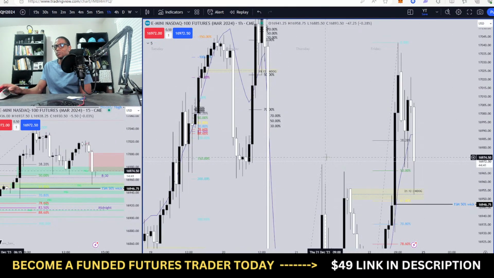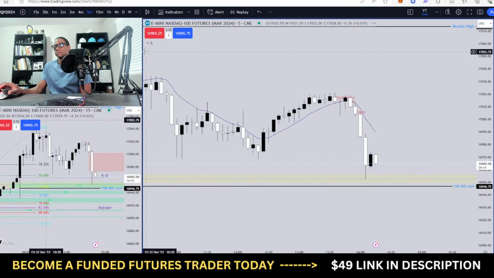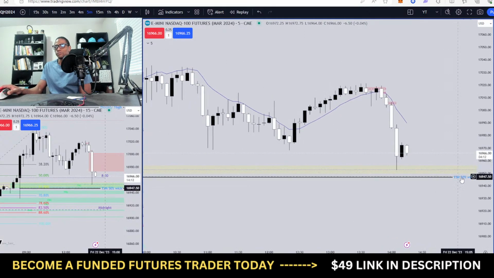If we go back to the 1 hour, you can see for the entire hour, it didn't do very much. Traded up, and then when it closed, it was right back very near to where it started. And then from there, just fell off. And we still haven't recovered. So I'm still trading like it's gonna look for lower prices.